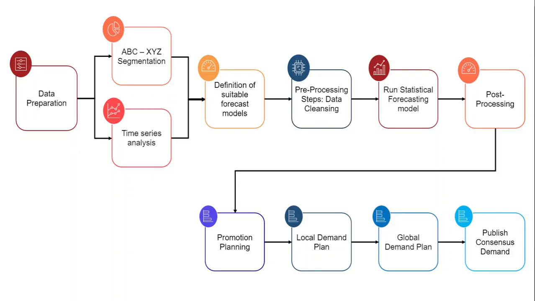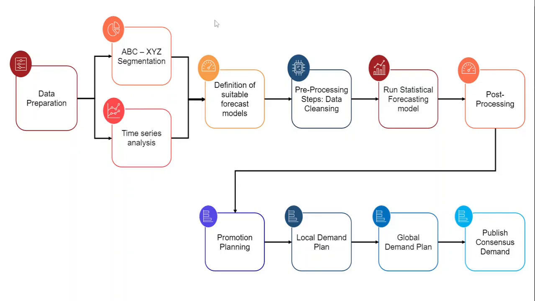So based on the revenue we can do the segmentation, and also based on the demand volatility. Importance and demand volatility. Sometimes you cannot easily forecast some combinations because they exhibit a lot of demand volatility. So you have to segment the combinations based on their importance and demand volatility.